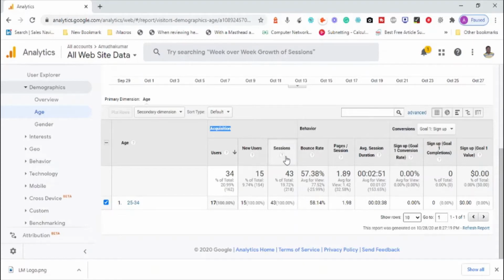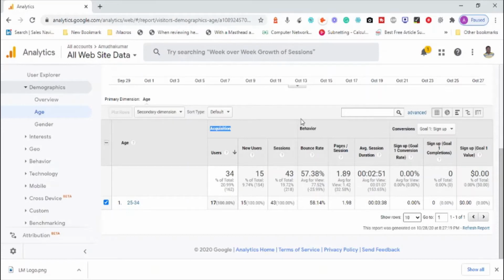Now there are three sessions, which means sessions are a shorter period of time generated while accessing any website. So acquisition has three major factors: users, new users, and sessions. The users are the number of visitors who are coming. The new users are those people who are coming to the website for the first time.